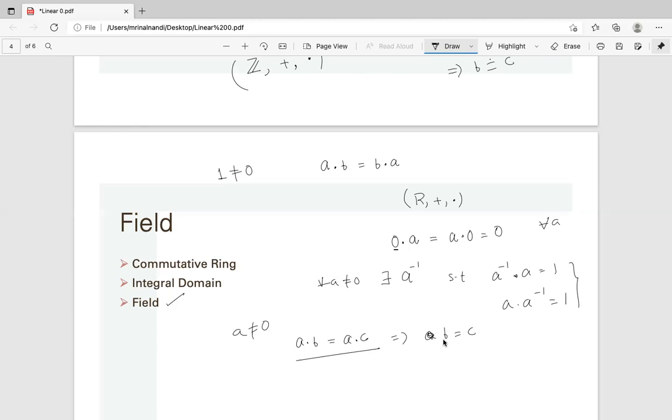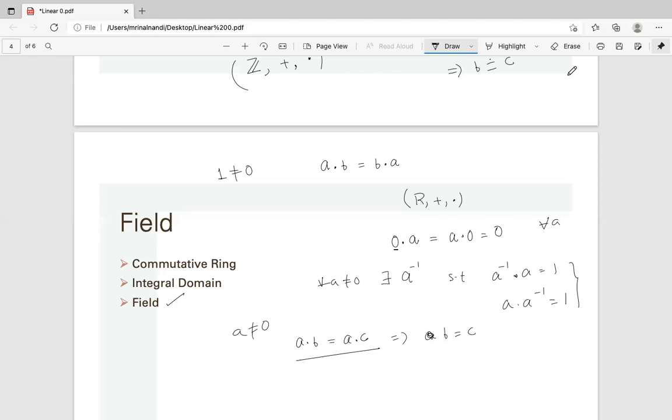Like Z, which has no multiplicative inverse other than for 1 and minus 1, but still the cancellation law holds. So the existence of inverse and cancellation law are not equivalent. Cancellation law is slightly weaker. Existence of inverse implies cancellation law, but cancellation law does not imply existence of inverse.